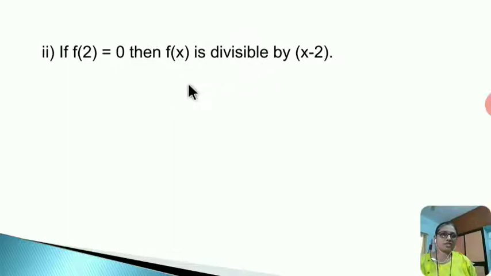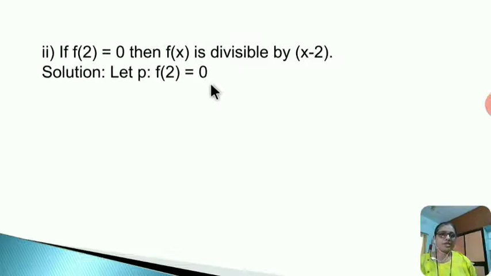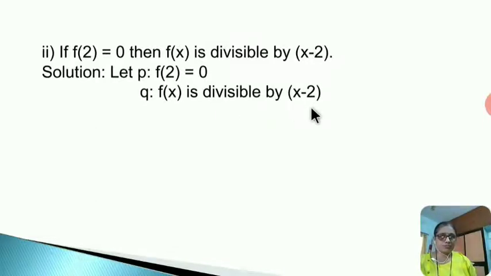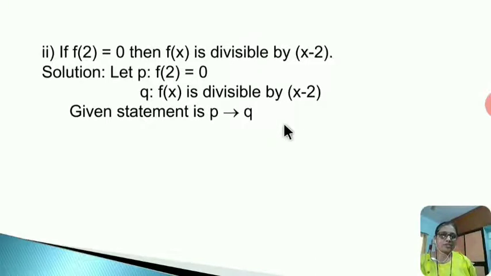So we represent these as P and Q. Let P be f of 2 is equal to 0 and Q be f of x is divisible by x minus 2. Now again the symbolic representation is P implies Q, and again by using conditional law, P implies Q is equivalent to negation P or Q. And negation P is what? f of 2 not equal to 0.